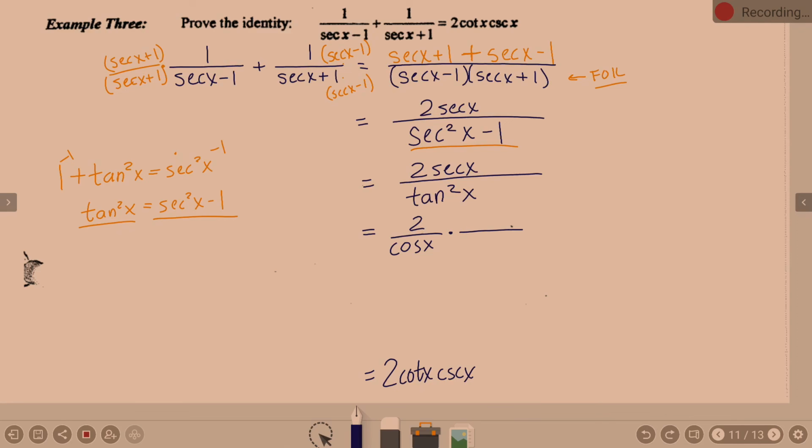So what is tangent squared x? Sine squared x over cosine squared x. But we're dividing by that, so we're going to keep change flip. So I'm going to say times cosine squared x over sine squared x. Are we okay with what I just did or no? All I did is technically change it to sines and cosines. That's the official step I took.